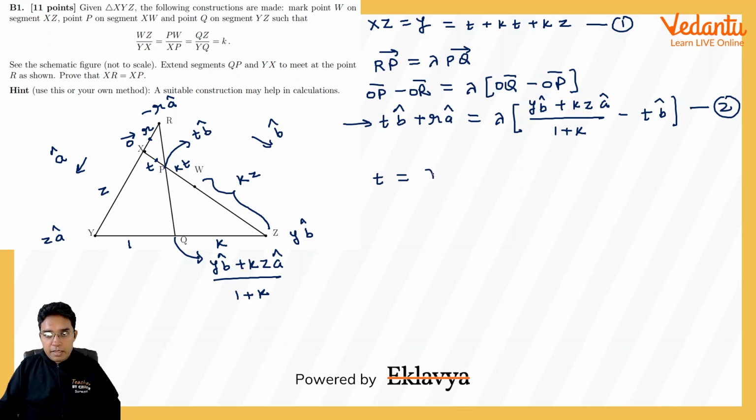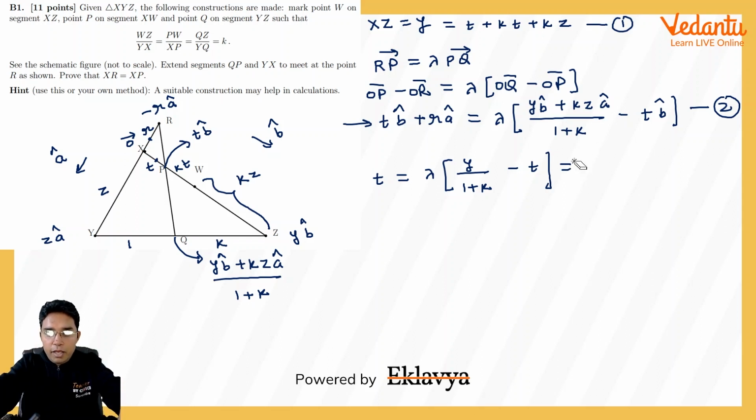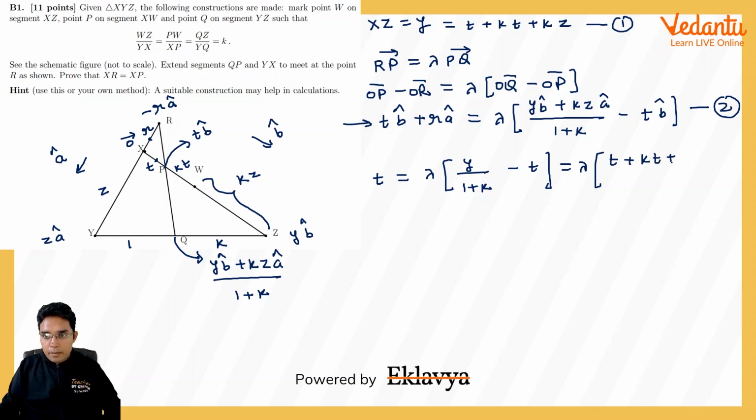On the right hand side, it will be lambda common and y upon 1 plus k, minus t. Okay, and if I write the value of y from equation number 1, we get (t plus kt plus kz) upon (1 plus k) and minus t here.